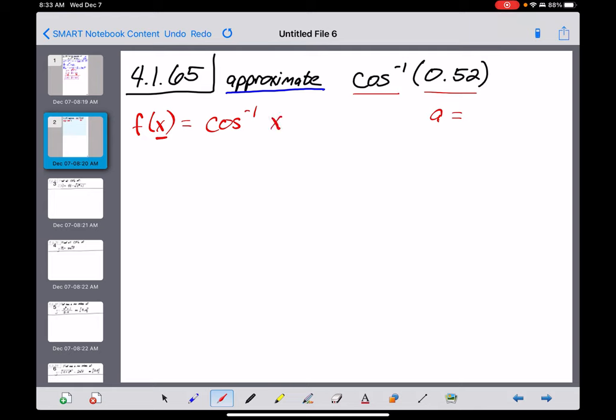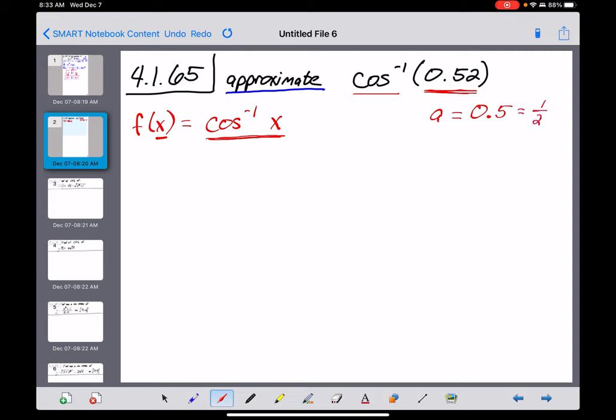That's the function. And the a value now needs to be the number that is closest to this number right here that you can actually cleanly evaluate in this function. I don't know the inverse cosine of 0.52 or 0.51 or 0.53, but I do know the inverse cosine of 0.5, otherwise known as 1/2.